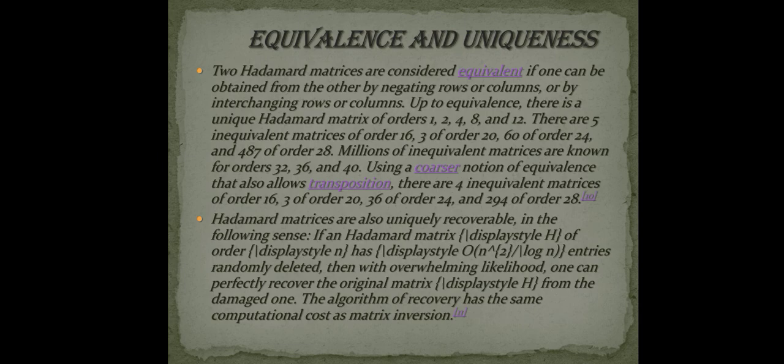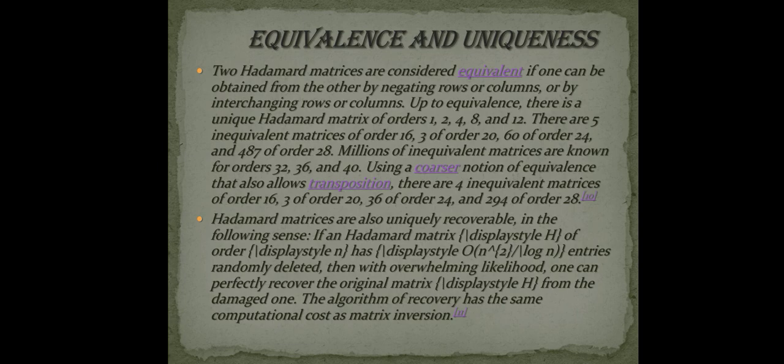There are 5 inequivalent matrices of order 16, 3 of order 20, 60 of order 24, and 487 of order 28. Millions of inequivalent matrices are known for orders 32, 36, and 40.